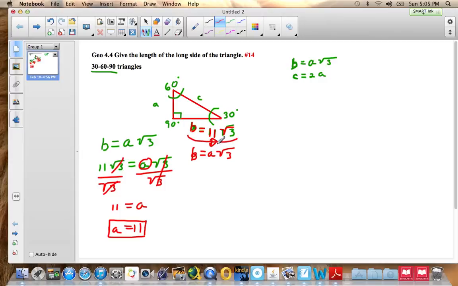So that's just one way that you can see real fast what A is in this equation. But the proper way of solving is what I did over here. This is how I would solve for it. But again, because 11 is given here, I can make the connection that A must be 11.